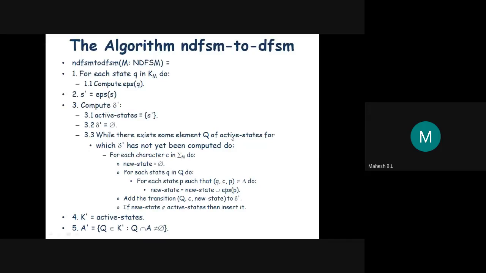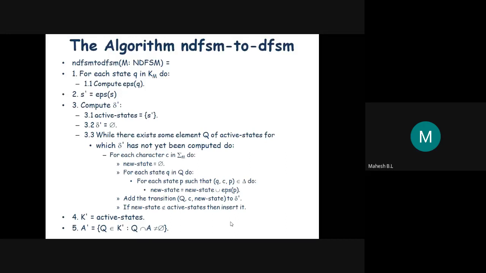Then, while there exists some element Q of the active states for which delta dash has not yet been computed, for each character C in the alphabet, do: new state is ∅. For each state q in Q, do: for each state P such that (q, C, P) belongs to delta, new state is equal to new state union epsilon of P. Then add the transition (Q, C, new state) to delta dash.